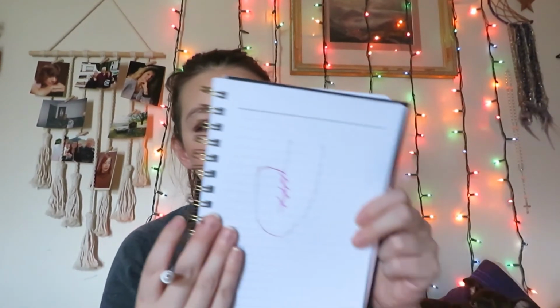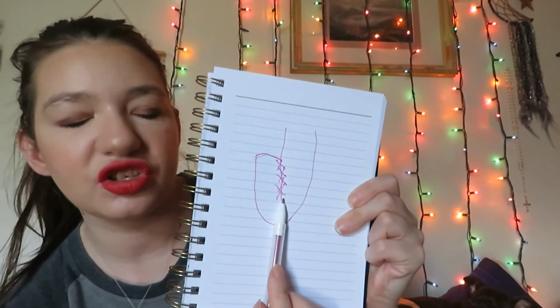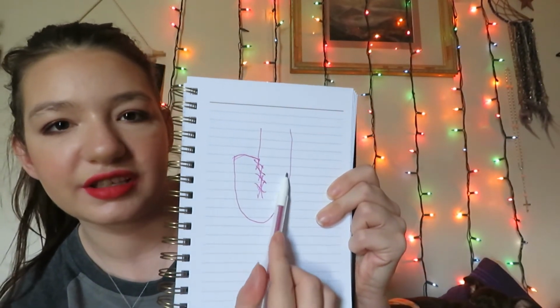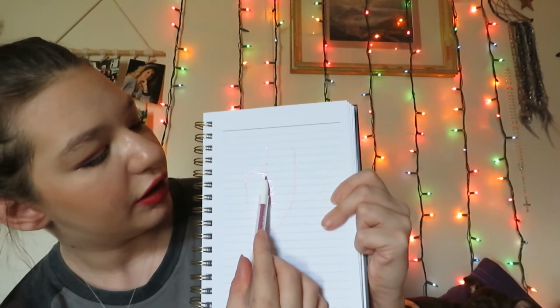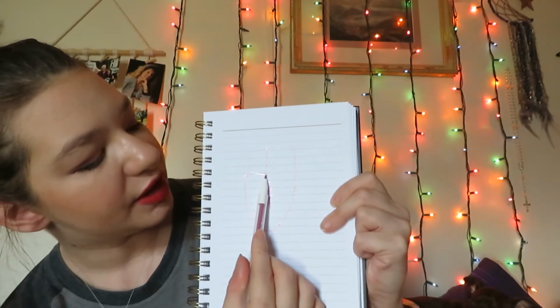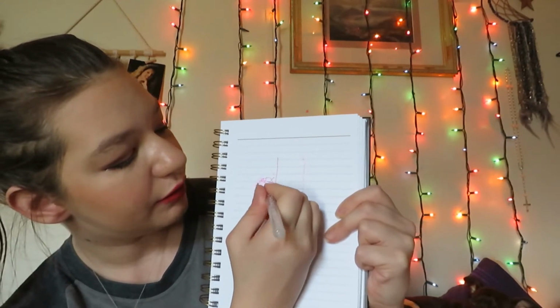Let me make a little diagram. So the little X's are stitched tissue. This is your small intestine, and it is cut off here. It is stitched together as well, so let's put X's there.